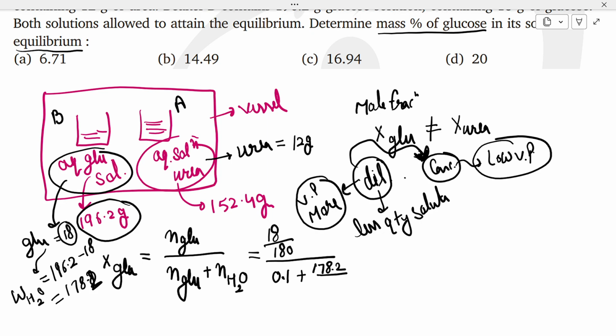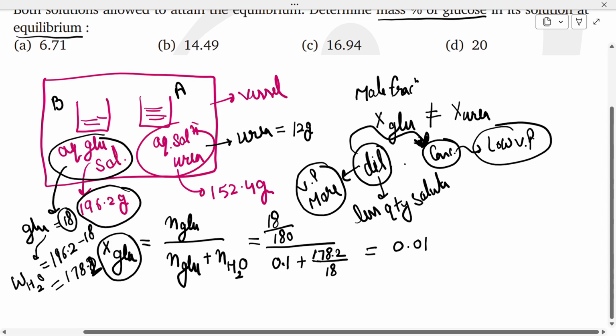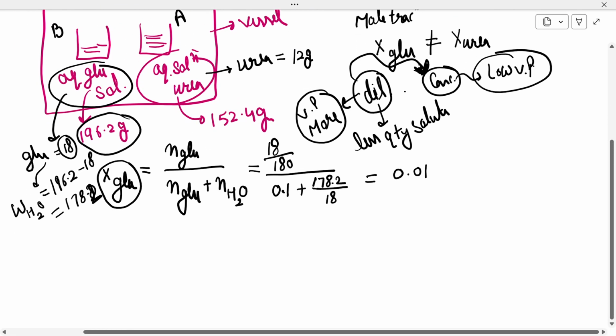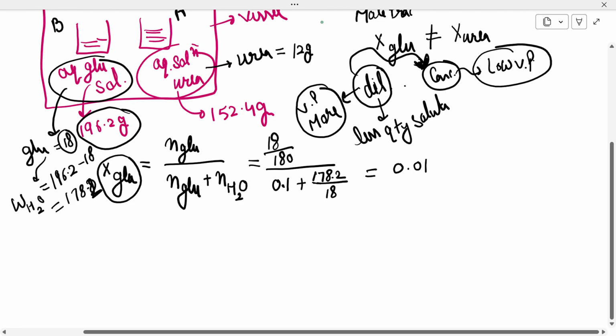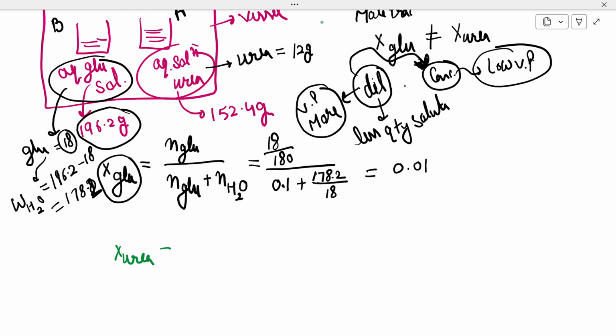That is the mass of water. The number of moles of water is 178.2 divided by the molecular weight of water, 18, which comes to 9.9, about 10. So that is the mole fraction of glucose in the glucose solution, 0.01.